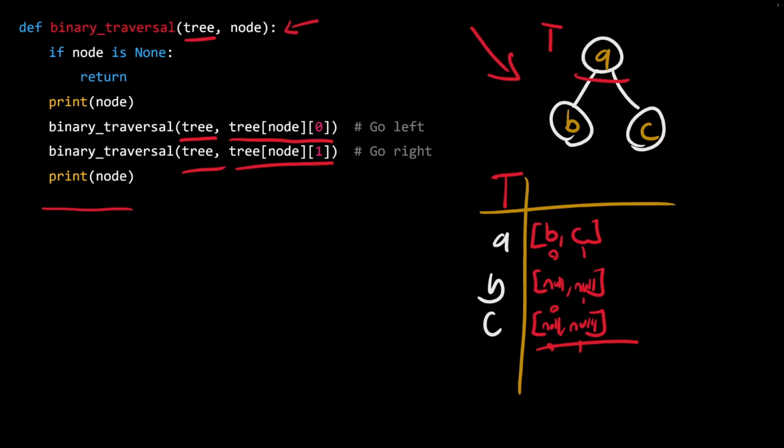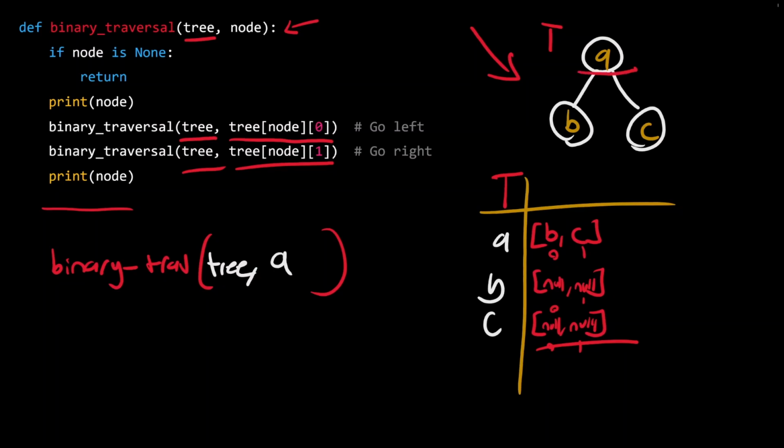Let's say our starting node is binary traversal, I'm just going to cut it short, traversal, and it's going to be the tree, and it's going to be A. Say A is our starting node. The best way to traverse, if you're given graph problems, you can use the stack, but it might be helpful to use the actual graph itself.